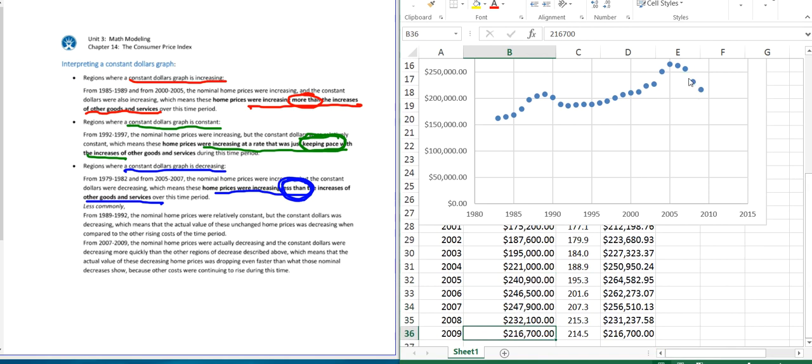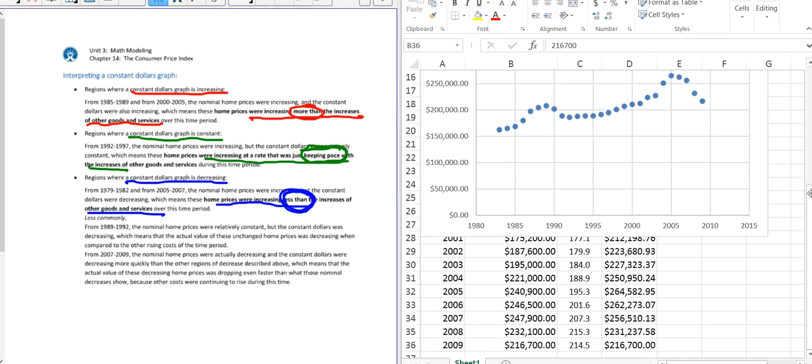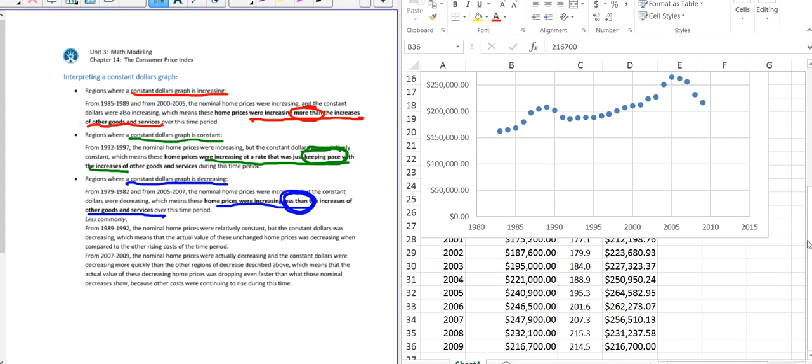So it's not surprising that the constant dollars were also decreasing, maybe decreasing faster than other things. But generally speaking, I'm not going to really worry so much about that situation. I'm going to have us focusing on the situations where the nominal dollars graph was increasing. And so these are the interpretations that I really want you to be able to make when you're looking at the constant dollars graph.